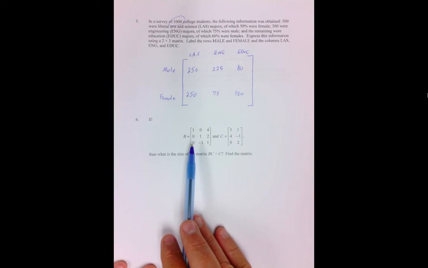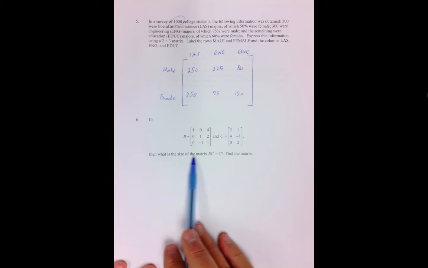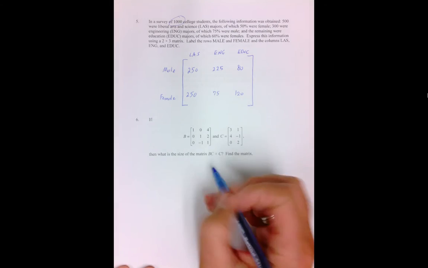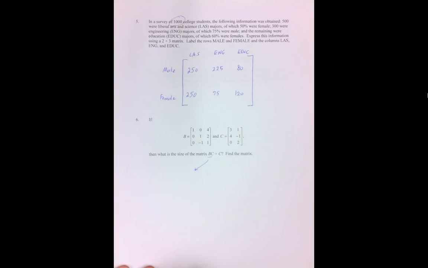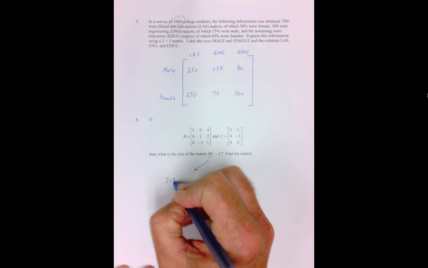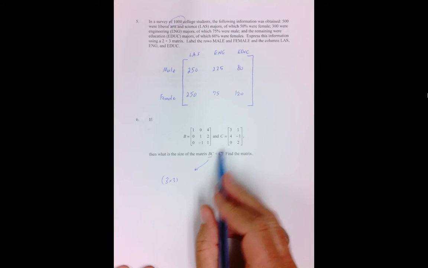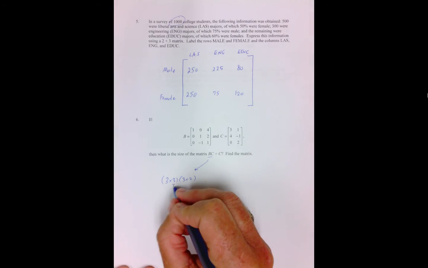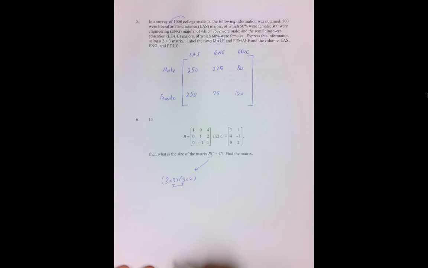All right, so B, C, what is the size of the matrix B times C plus C? Well, let's find, first of all, the size of BC. So B is a 3x3, C is a 3x2. These numbers are the same, means we can multiply them.